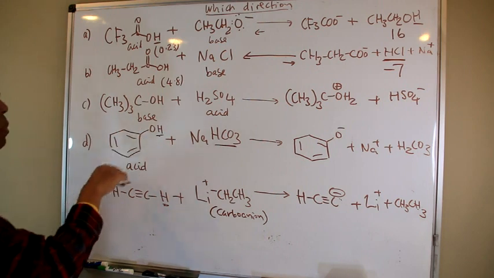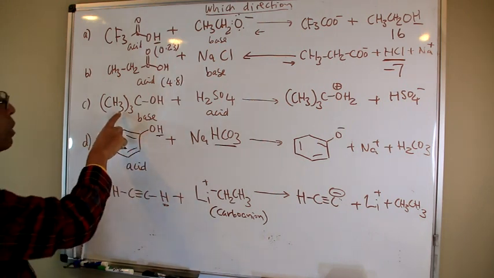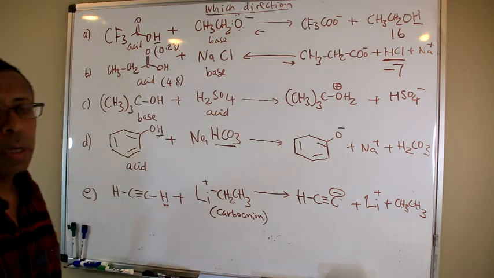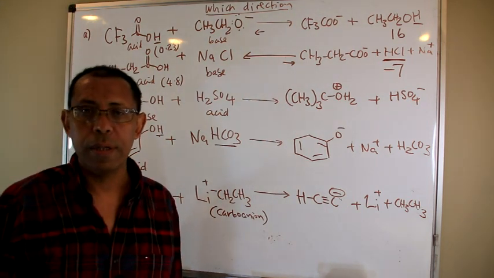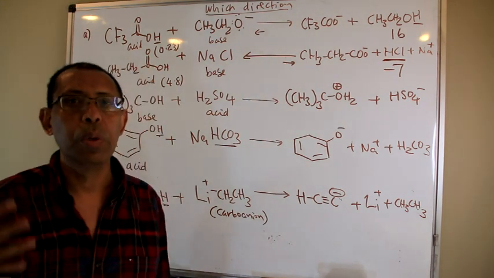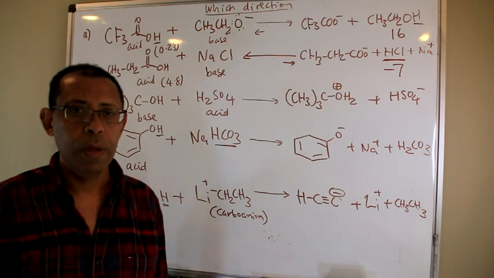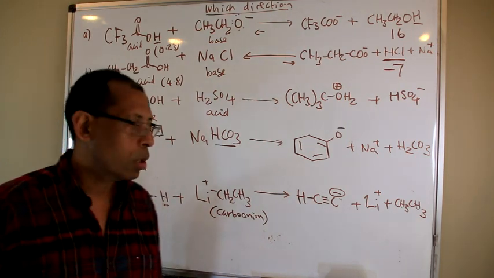In this case, you have a tertiary butanol. This is an alcohol. Alcohols generally have pKa values of about 16 to 17. So you need to have a qualitative understanding for each functional group.